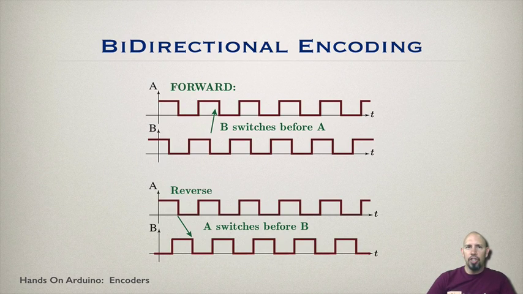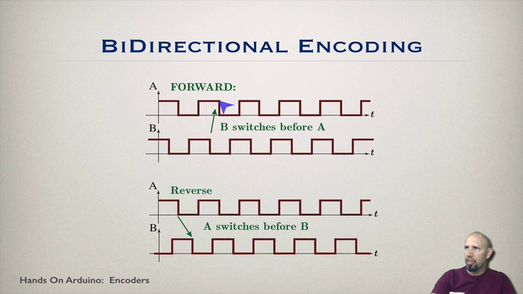Now, if you're just seeing, for example, on an oscilloscope, what the things are doing, this is the kind of thing that you would be looking at. Notice now this axis is not angle, this is time. So this is what happens as it changes in time. We have A and B. And notice that if you're going forward, then B switches before A in time. So for example, here, I'm having a downward transition.